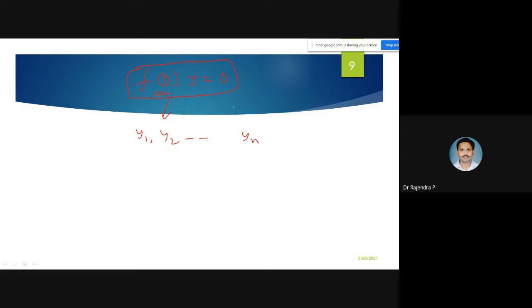If I solve this equation f of d is equal to 0, because it's a polynomial in d, solving for d we will get these values. Let us assume, instead of y1, y2, y3, m1, m2, up to mn, that these are the roots, isn't it?